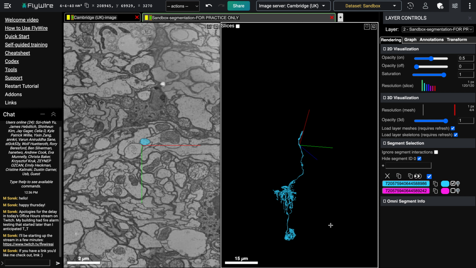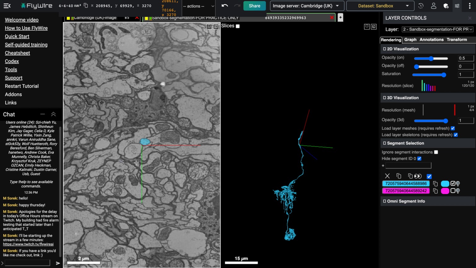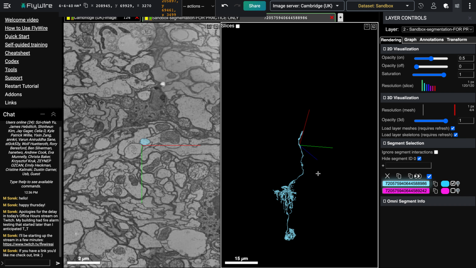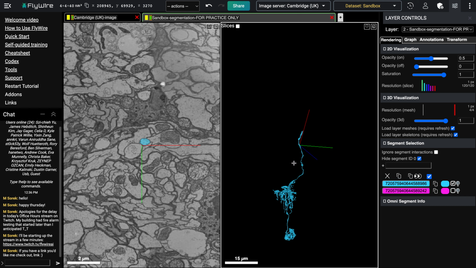So most errors that you find in FlyWire can usually be resolved by just looking visually, using the 2D EM images to find a connection, using the 3D to make sure that it's traveling in the correct direction, or to see if there's a merger that needs to be removed.